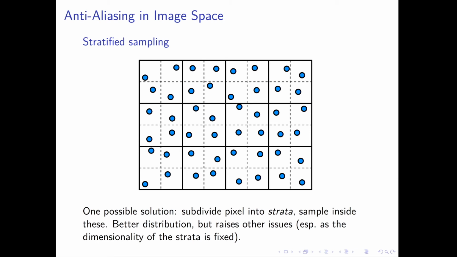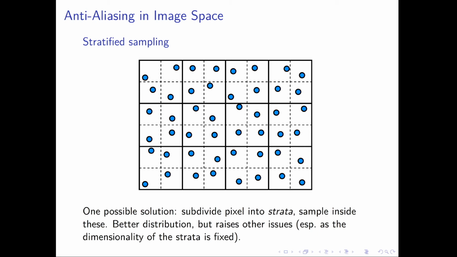We would have to increase the number of strata by 4. We cannot just say, okay, we want to add one more sample. We always have to make the decision that we place, in this case, 4 more samples per stratum. And this, of course, doesn't scale very well when we're going to higher dimensions.